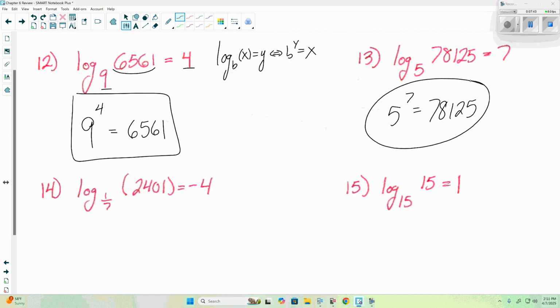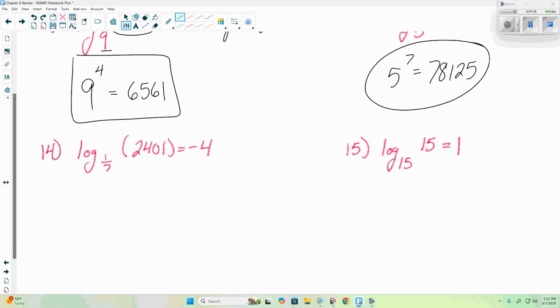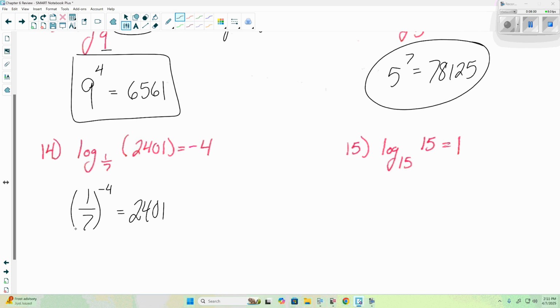While we're at it, why don't we go and do the next two? Log base 1/7 of 2,401 equals -4. We can put parentheses around the 1/7, but 1/7 to the -4 is equal to 2,401.